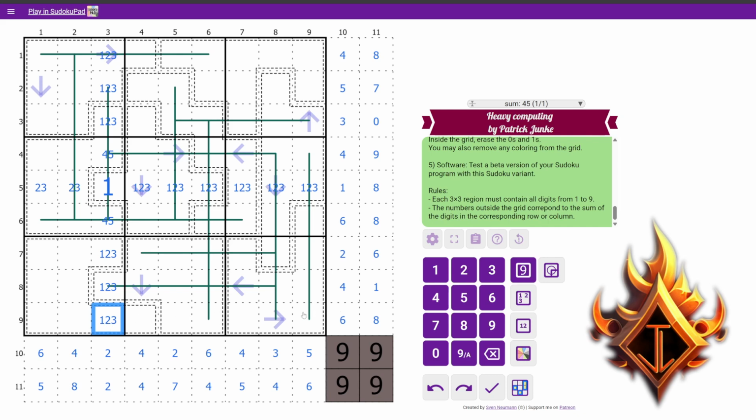This is all maximum, so these were 789s, these were 89, and that has to be 3.